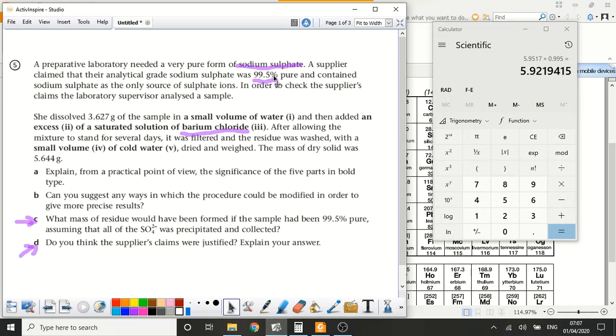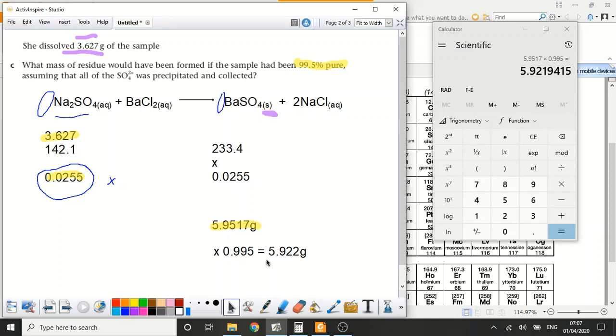The supplier suggested it was 99.5% pure. Their 3.627 grams of the sodium sulfate only yielded 5.644. We've calculated that we were expecting 5.922. So 5.6 is too far off 5.9.